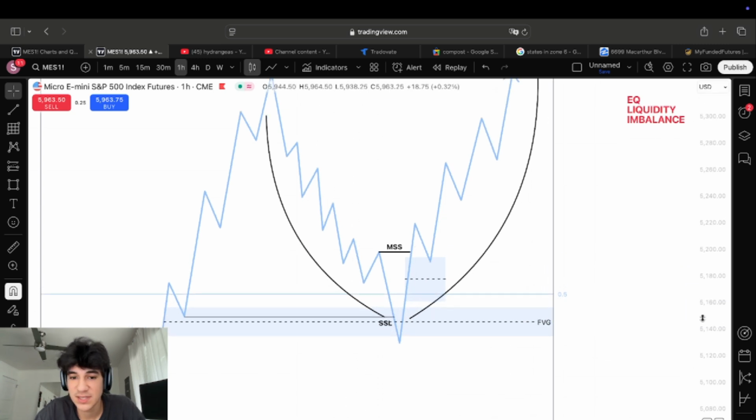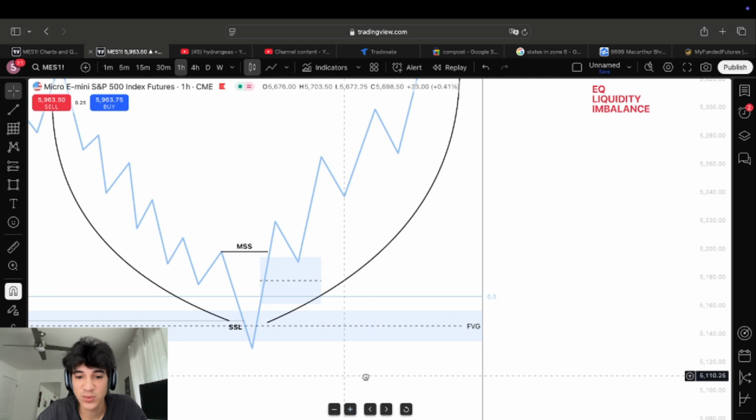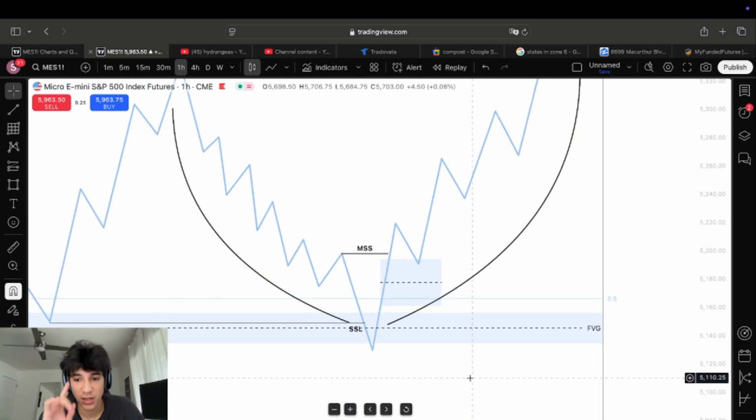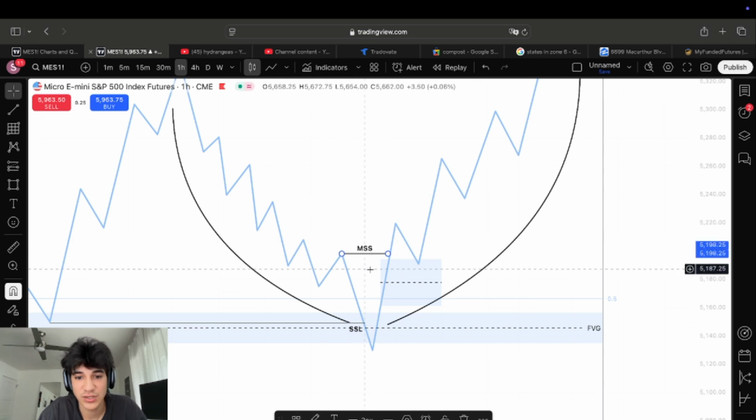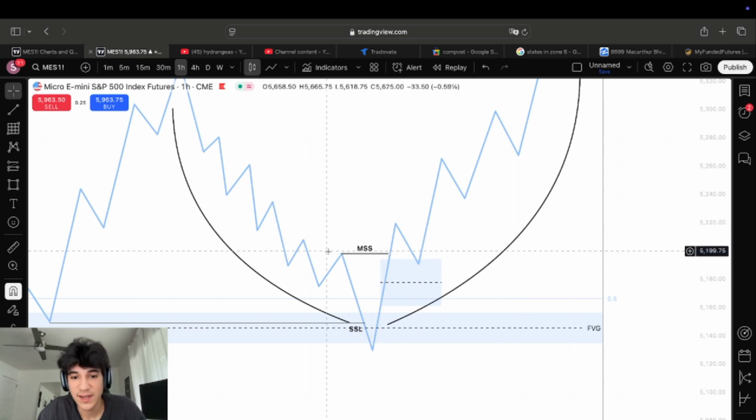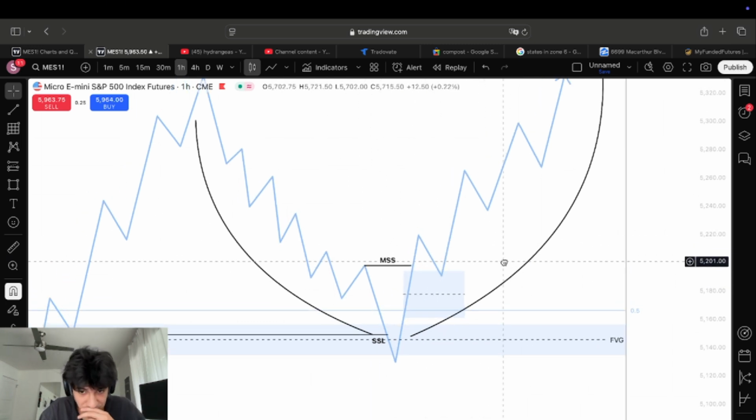The reason we can tell that we respect it is because we have a confirming confluence after, right? And the confirming confluence is this market structure shift right here. Once we get a market structure shift, then we have pretty much confirmation that price has reversed this trend and is going to continue the trend that it reversed into.